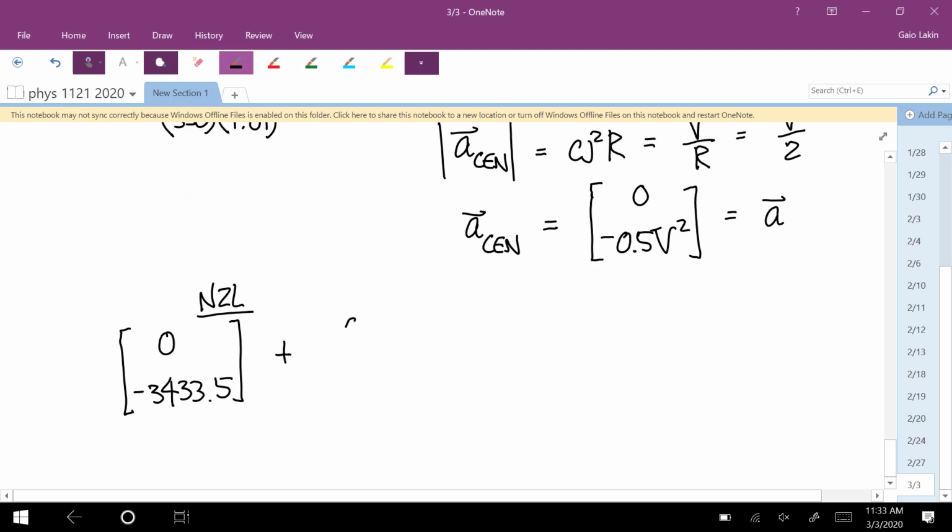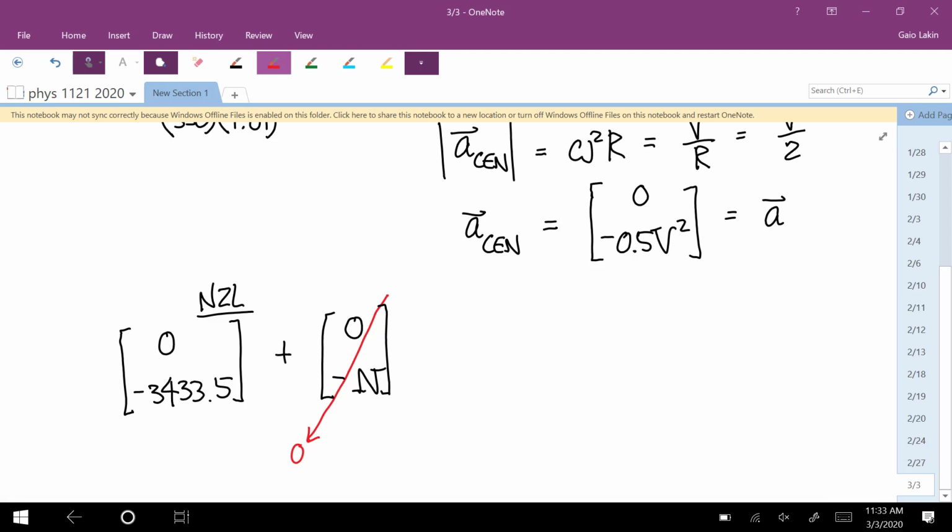And then we have that other force, 0, negative N. But we're setting this equal to 0 to define the exact boundary between contact and no contact. And these have to be equal to the mass times the acceleration.